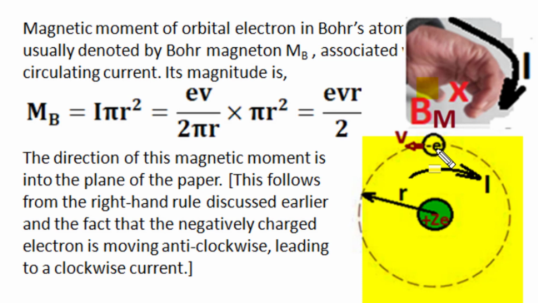Now, in place of a negative charge, if this revolving charge is a positive charge, then the direction of motion of the positive charge and the direction of current become identical, and in that case the curl of the right-hand fingers and the direction of motion of the positive charge will have the same orientation, and the thumb will give the direction of magnetic dipole moment.